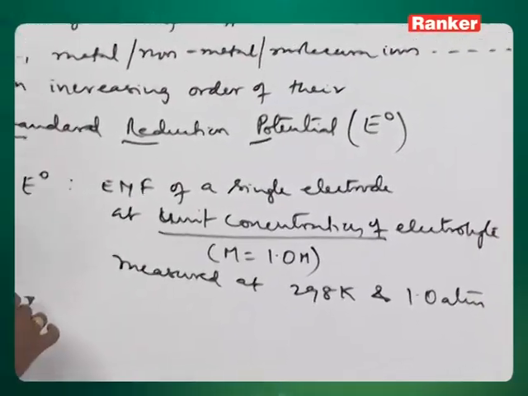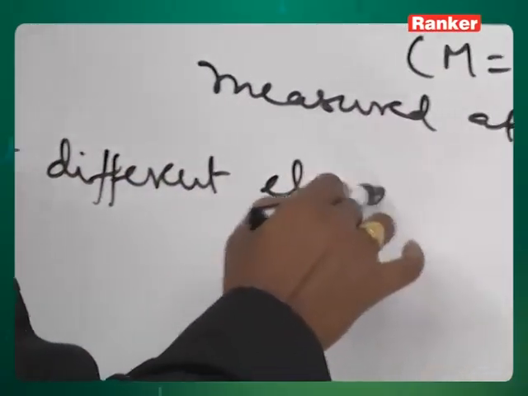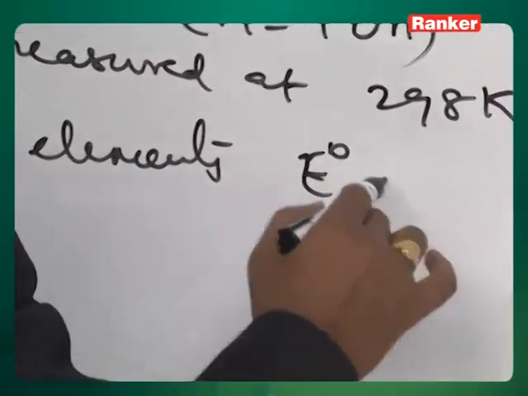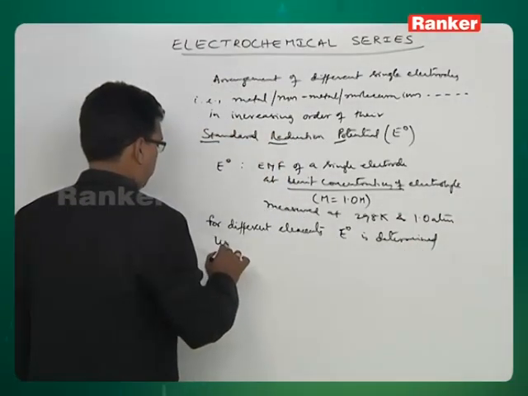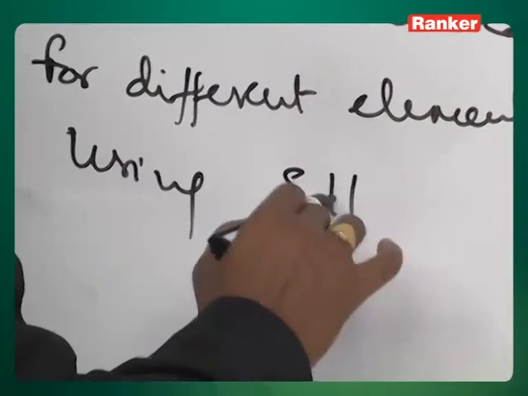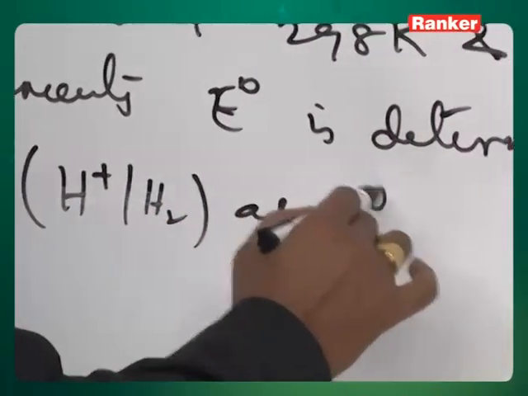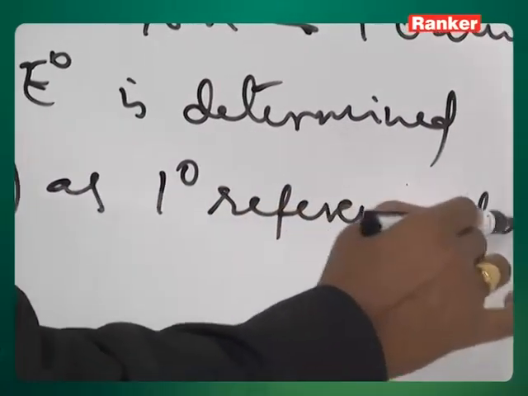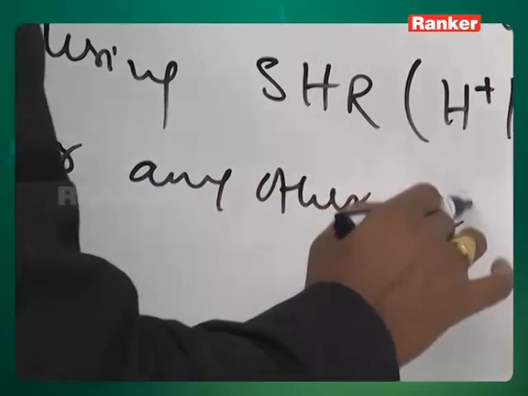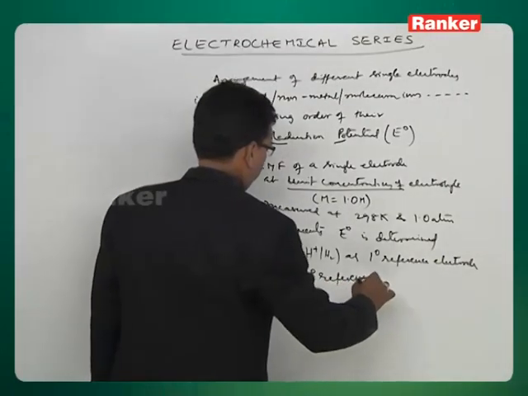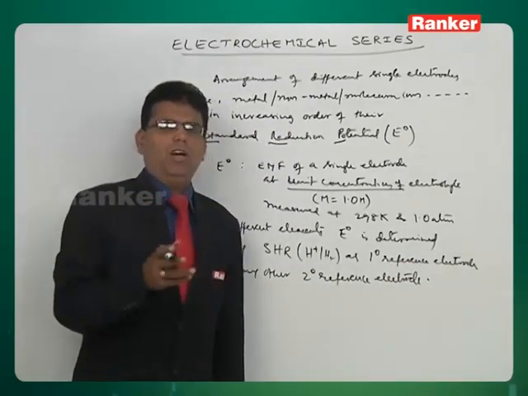Now, for different elements, E naught values are determined using the standard hydrogen electrode as the primary reference electrode, or any other secondary reference electrode, that is either the calomel electrode or the quinhydrone electrode.